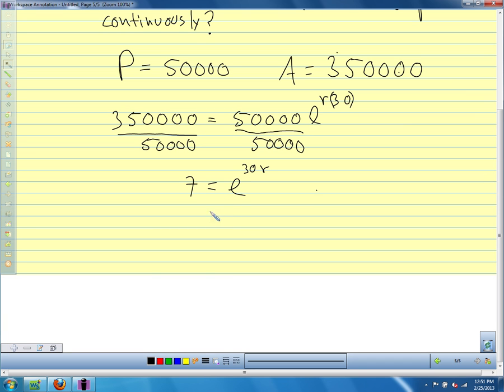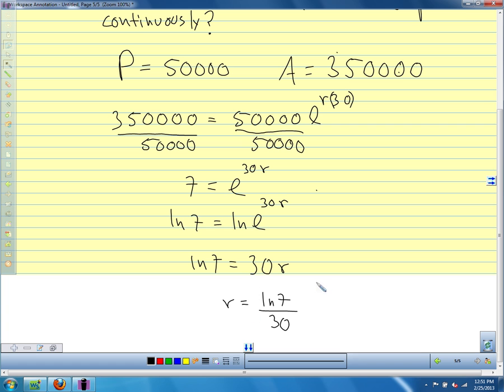Take the natural log of both sides. Natural log 7 equals natural log of e to the 30r. Natural log and the exponential function undo each other. So I get the natural log of 7 equals 30r. So r equals the natural log of 7 divided by 30.